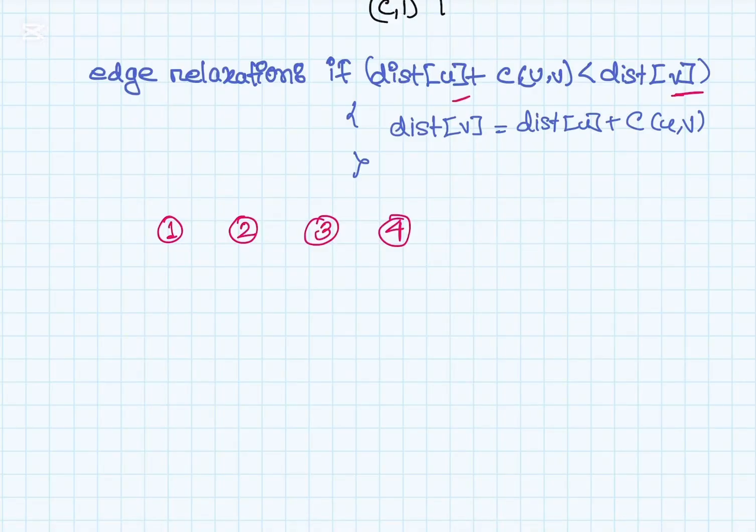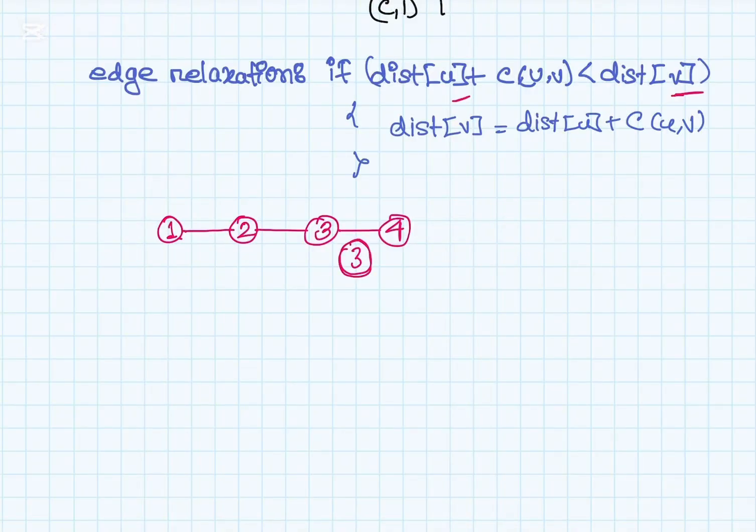Here we have 4 vertices, 1 to 4, and the maximum number of edges in a path is if we connect all the vertices from the source to that vertex. So we can see here the maximum number of edges is 1, 2, 3. The total number of vertices was 4 and the total number of edges we found was 3.